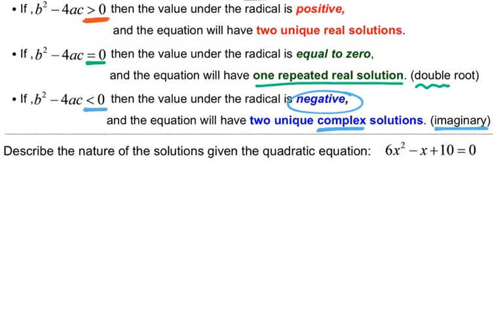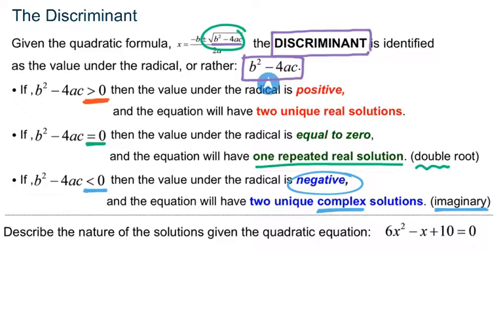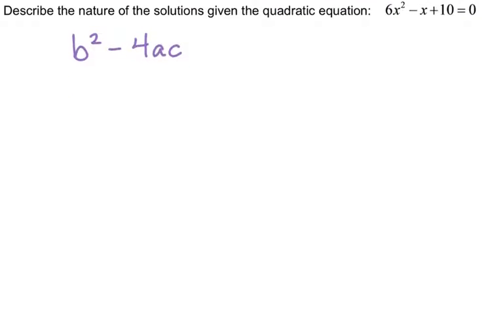All right, so let's look at an example. Here we are just asked to describe the nature of the solutions. We're given the quadratic equation 6x squared minus x plus 10 is equal to 0. We don't need to solve this. This question is just asking, what kind of solutions are we going to get? Let's analyze using the discriminant, which is b squared minus 4ac.